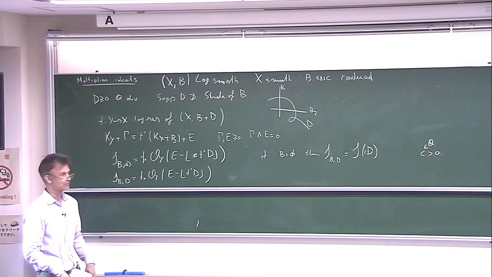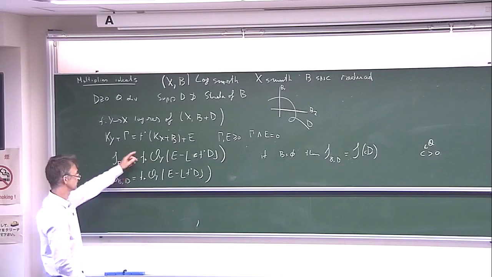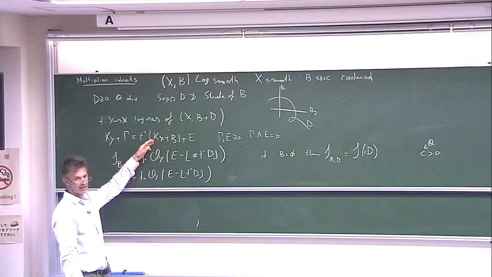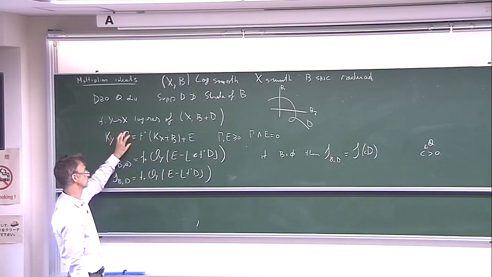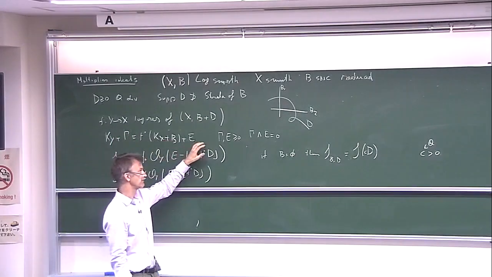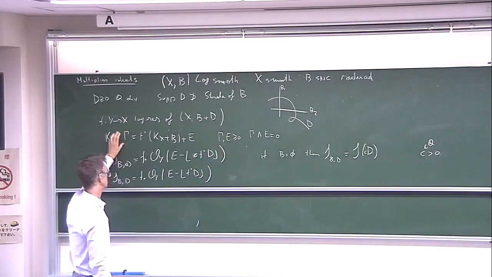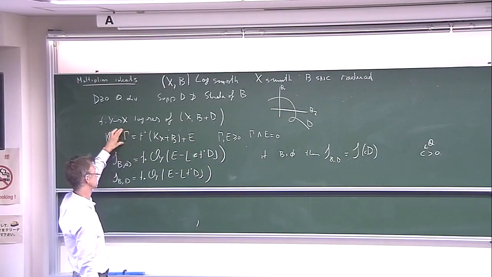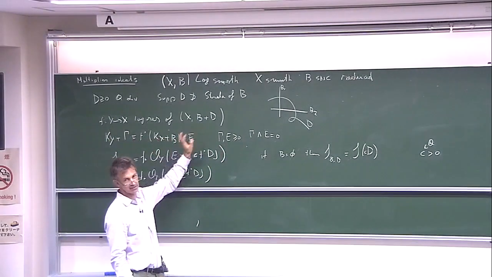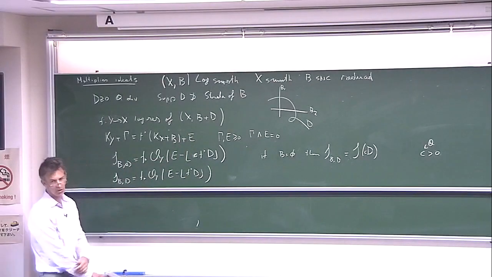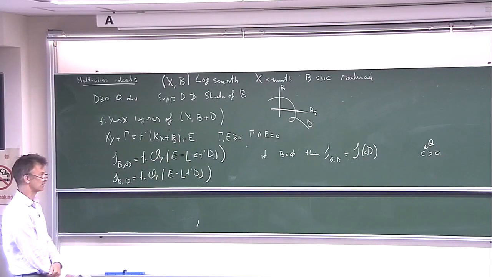If you have a pair, you can always pull it back, and the difference between the two, you can always split it up. I've not made any interesting claim about gamma and E. The positive part of the difference I put on this side, and the negative part on that side. There is no intelligent statement there.